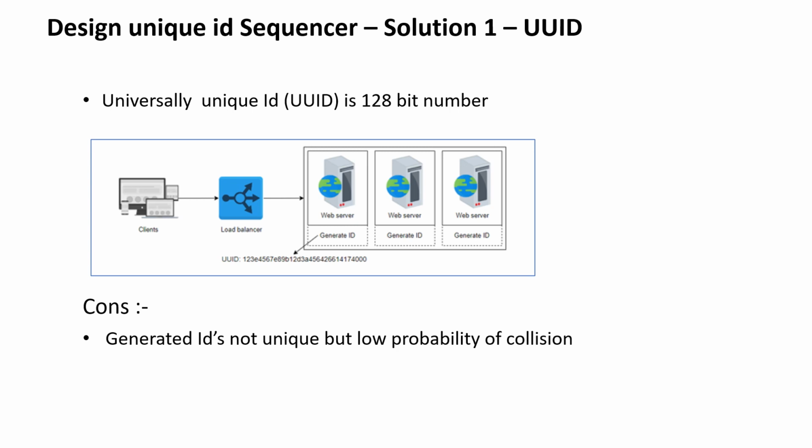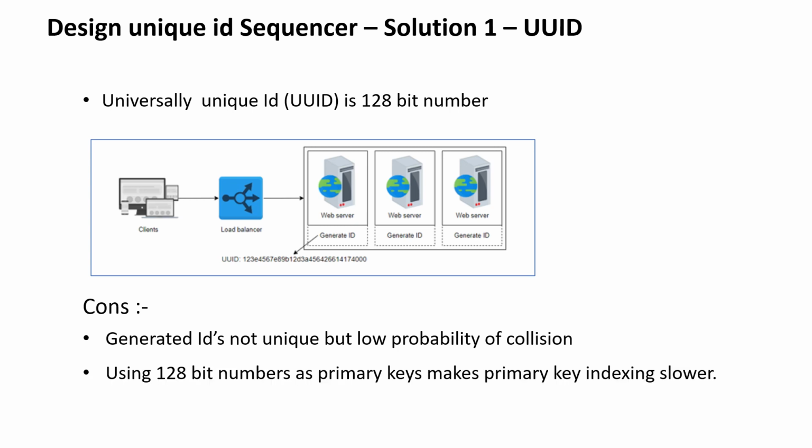So there's a little chance of collision. And also, because we are using a 128-bit number, a very long number, that makes primary keys very long, right? So if indexing happens at the database level, that might be slower. It might result in slower inserts or updates, right? So that is one problem with this solution.